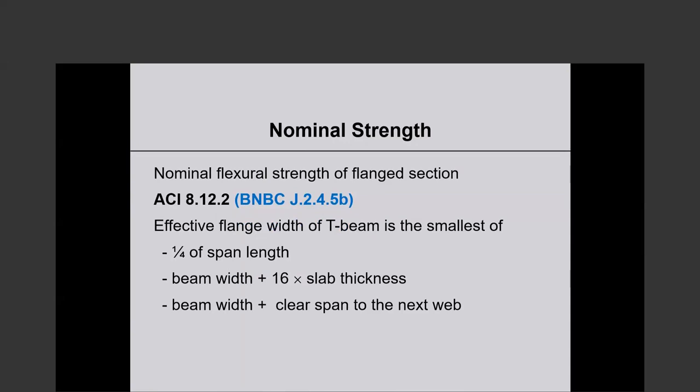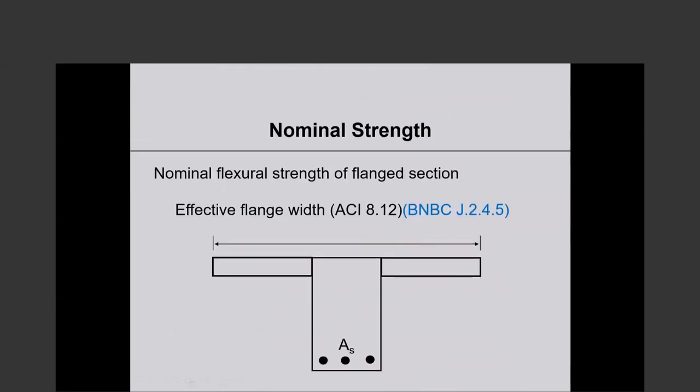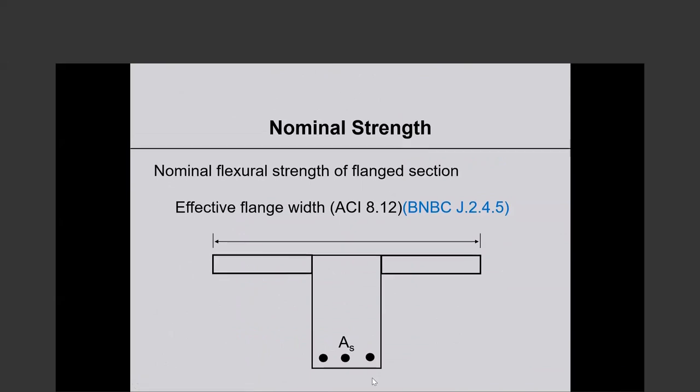Okay. So when you have flanges on both sides, effective flange width of T-beam is the smallest of three things. 1/4 of the span of the T-beam. The span of the beam would be into the screen and out of the screen. Okay, that would be the span.